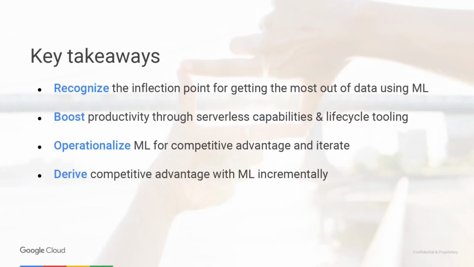That's an important step to keep in mind, because data science is hard, but it's different from doing operationalization. And that is a different set of skills, different set of constraints and concerns. And those are covered by machine learning engine as well. And finally, all of this can be brought to bear in a very incremental fashion. For example, you could add recommendations to your app for the consumer, or you could improve your underwriting process in insurance, or improve your image detection capabilities.